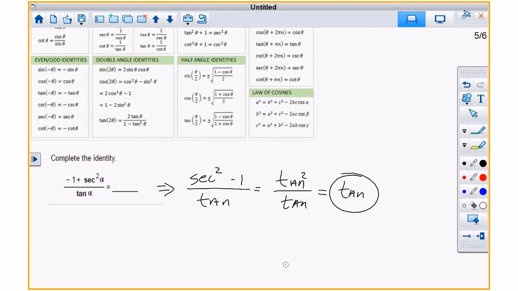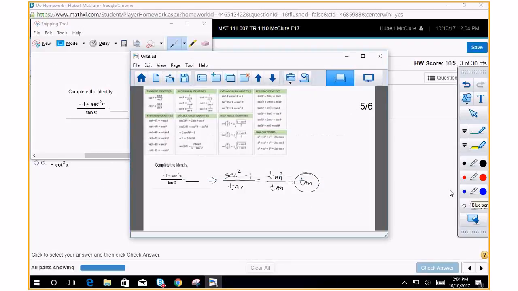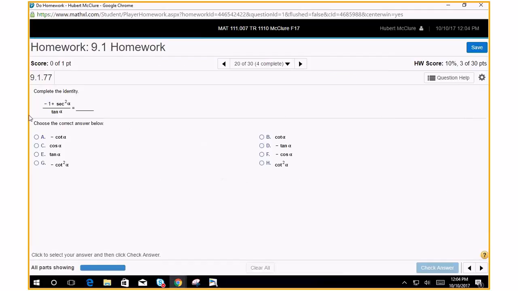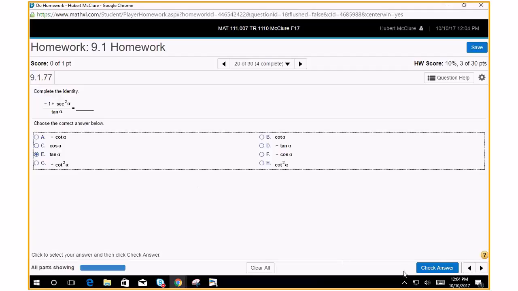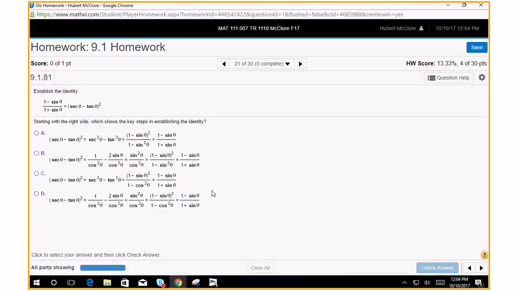Get back to it. E. Okay, let's ignore this down here and let's just go to the top. Let's write that down.